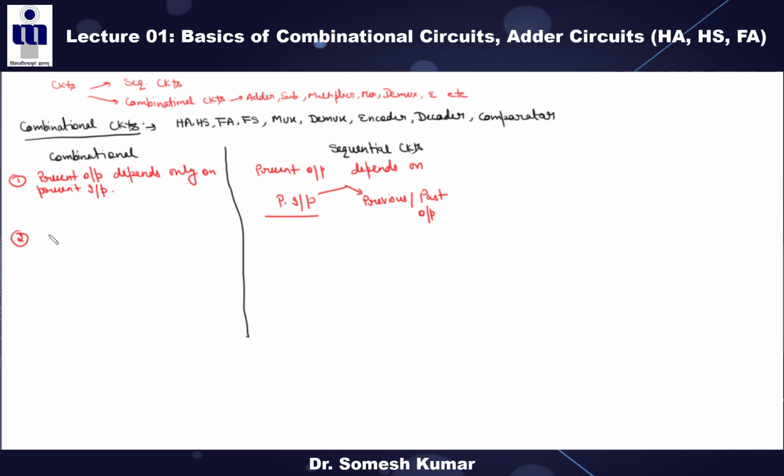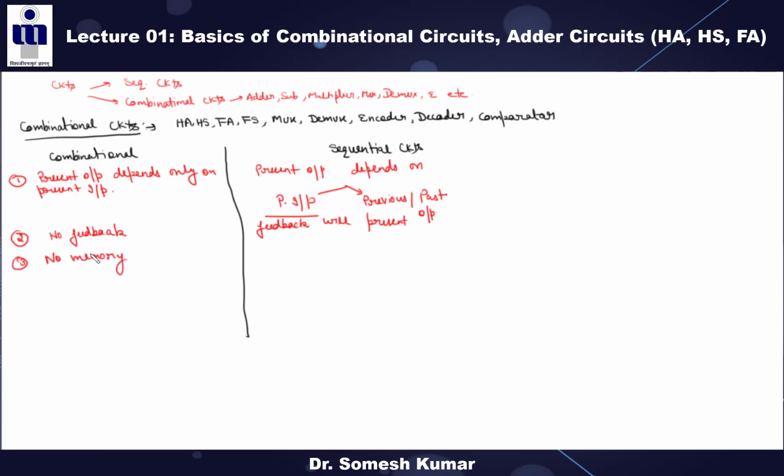The second difference is feedback. If the present output depends only on the present input, that means there is no feedback, while in the sequential circuit feedback is present. The next main difference is memory.